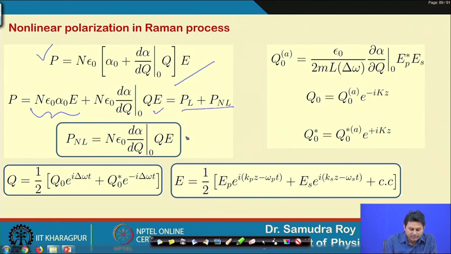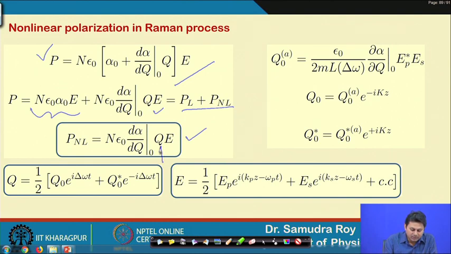We are interested in the nonlinear part, because this nonlinear part takes the place of the source term in the nonlinear Maxwell's equation. In order to calculate the P nonlinear, two important quantities we need to calculate.